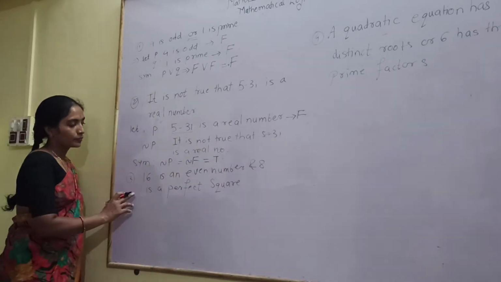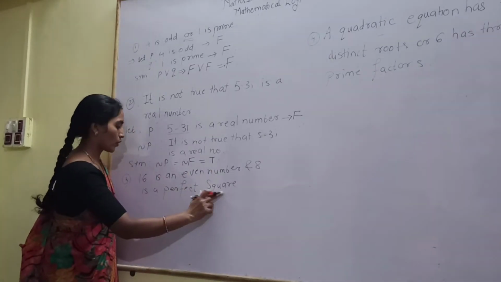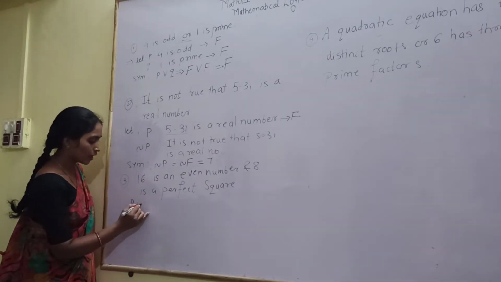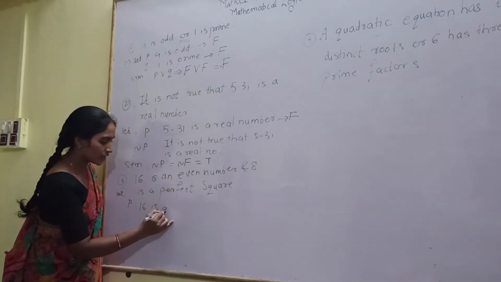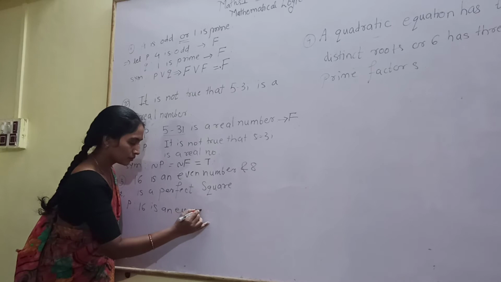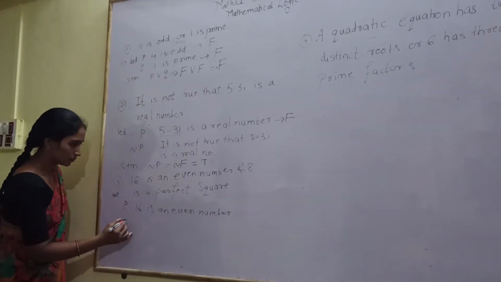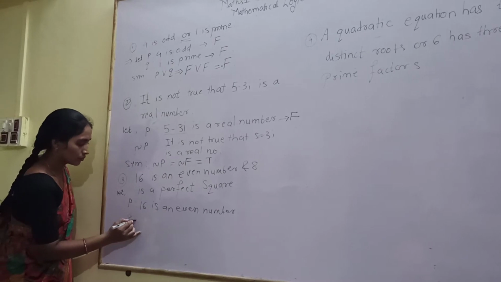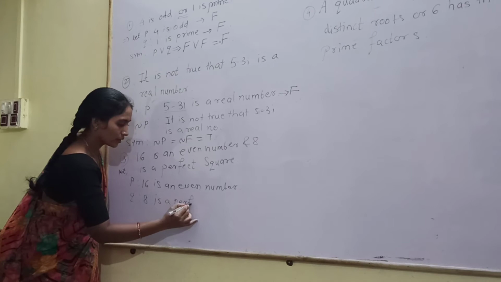The next one: 16 is an even number and 8 is a perfect square. Okay. Similarly, let P be: 16 is an even number. Q: 8 is a perfect square.